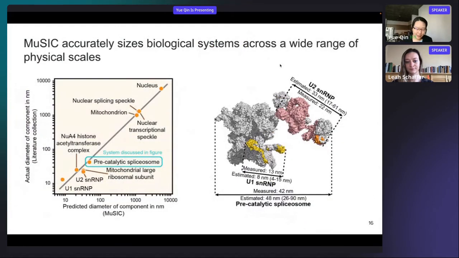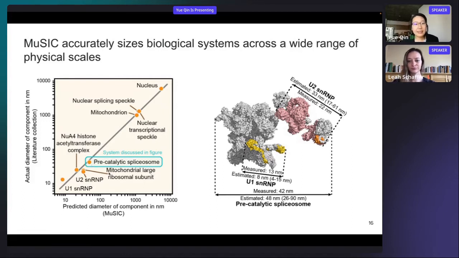As I mentioned, size: how well do we capture it? We compared what our estimate is to what the literature reports. On the left is this comparison of 9, probably 9 or 10, I forgot the exact number, but maybe 10 cellular components that overlap between MuSIC prediction and literature report.